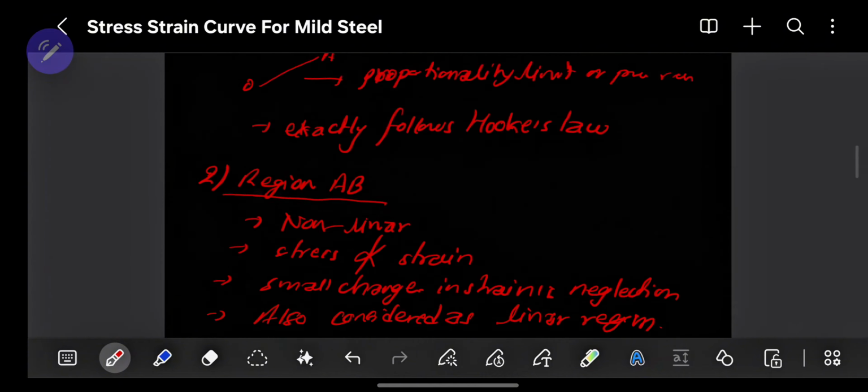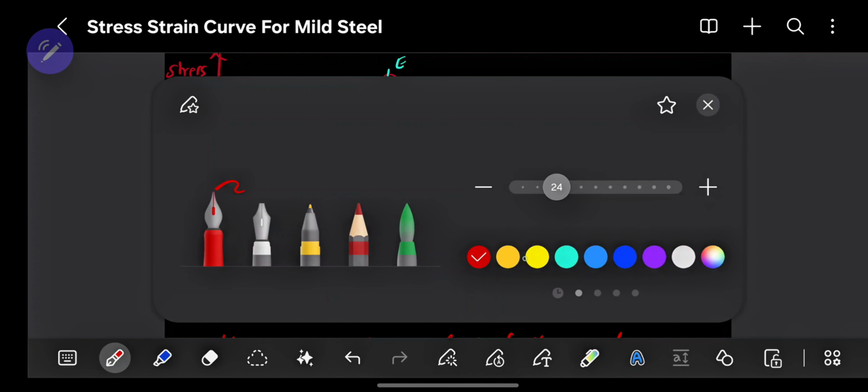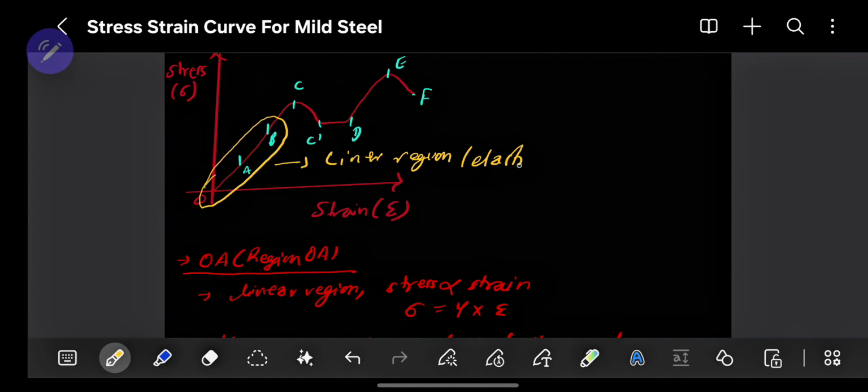This region can be seen in this graph as the region from O, A and B. This region is known to be the linear region or elastic region.